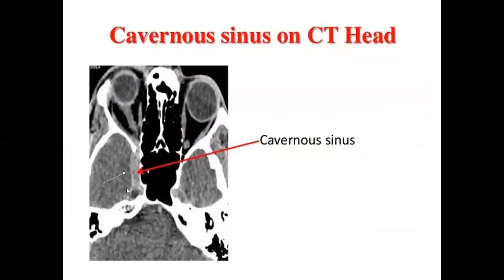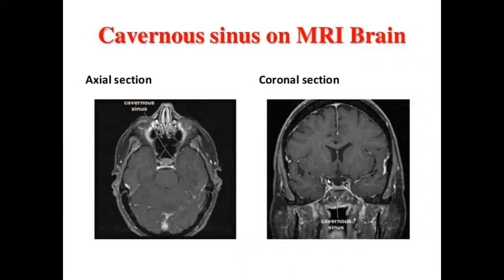In the CT, adjacent and medial to the temporal lobe, you will see a hyperintense structure that usually enhances with contrast. This is the cavernous sinus. In CT and MRI, you will see the cavernous sinus, in axial section and in coronal section.